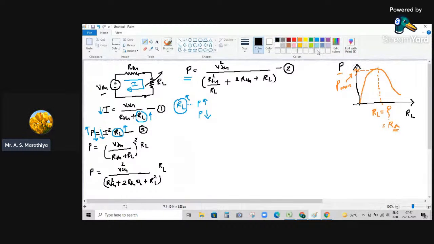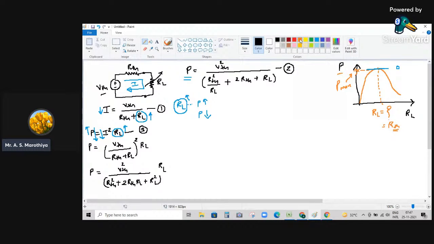Now let us focus on this graph to find out the value of this P max. The slope of this particular graph at this location is going to be 0. That means the variation of P versus RL, if you take the slope, dP by dRL is going to be equal to 0.